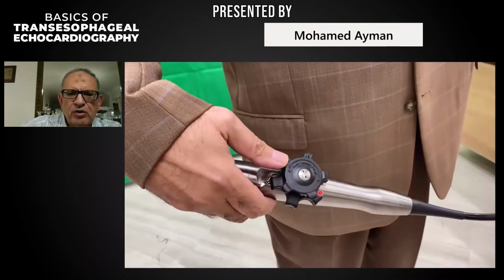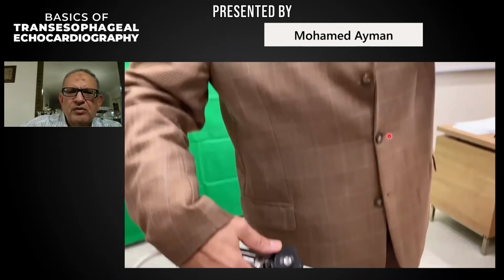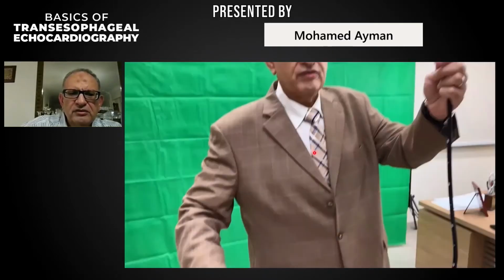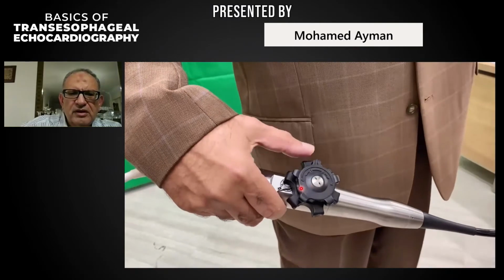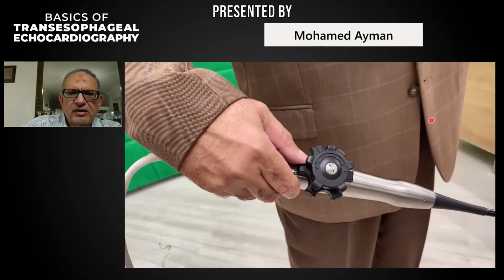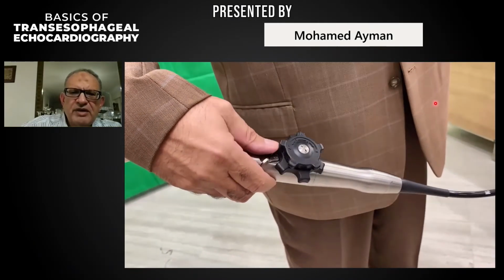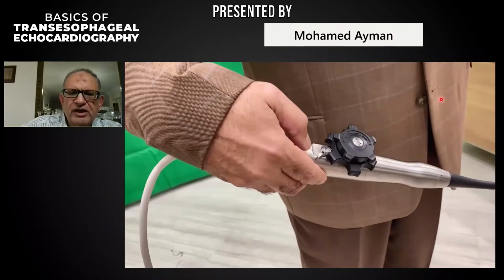Then going to the smaller wheel, we have side-to-side motion at the tip of the probe, like this. This is a side-to-side motion from the small wheel. And the big wheel will make anteflexion and retroflexion.